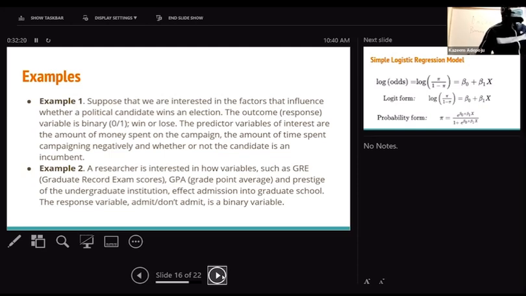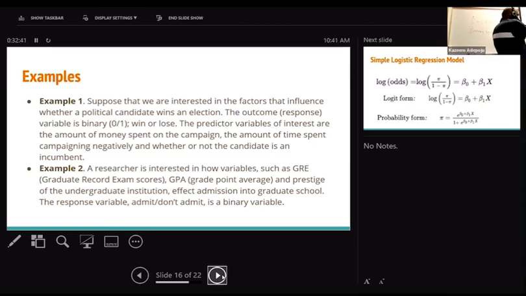Then we can use logistic regression. We just need to identify the predictors, maybe the amount you spend on campaign or the amount of time spent campaigning, and whether or not the candidate is an incumbent, because incumbency plays a role at times.